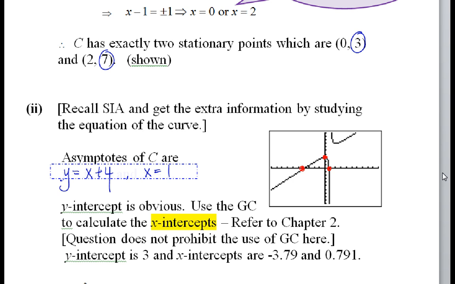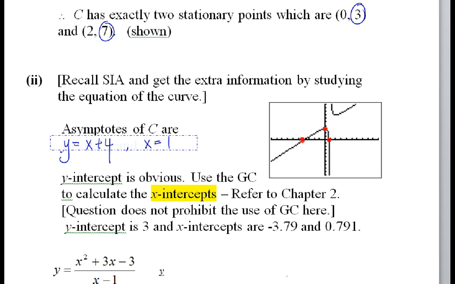So go ahead and use your GC. Don't waste time to find it algebraically. Do you know how to find these 2 points using GC? Yes or no? You should know. So go ahead and find that these two are your x intercepts, and your y intercept is this one.